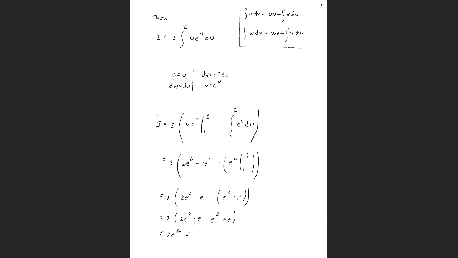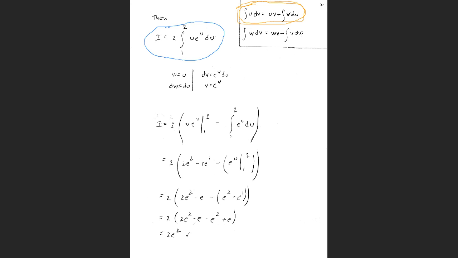I'll bring the 2 out front. What makes things a little bit complicated here is that the normal integration by parts formula is integral of u dv equals uv minus integral of v du. That's the normal integration by parts formula.